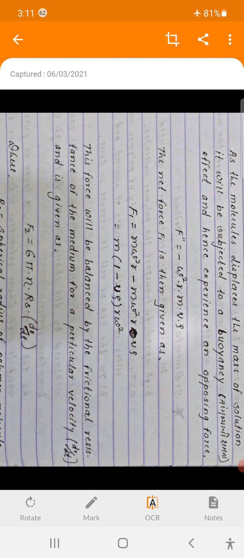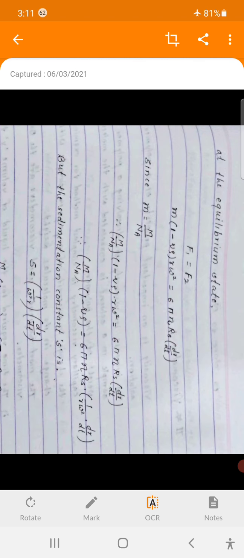At a specific rotation, that frictional force is equal to the net force towards the bottom of the cell, that is, F1 and F2 are balanced, equal at a specific speed dr by dt.